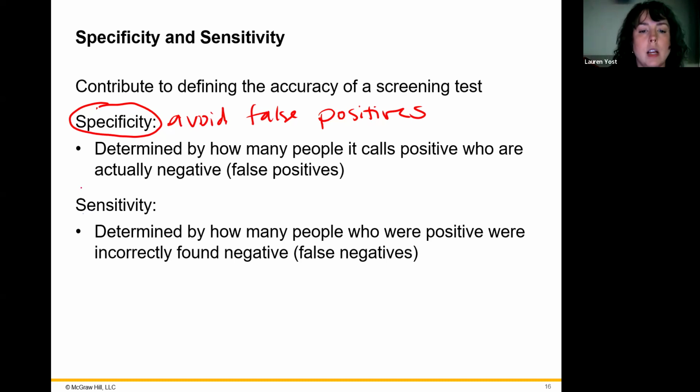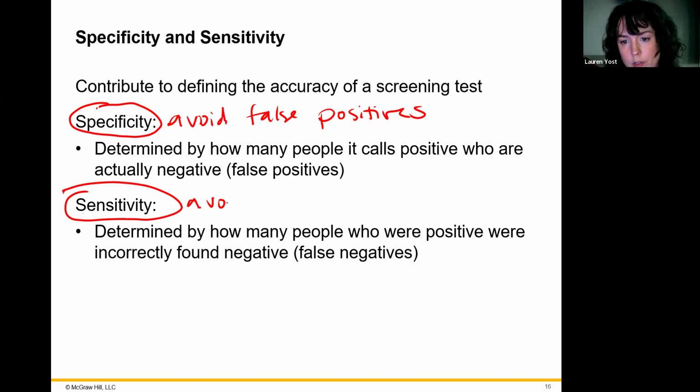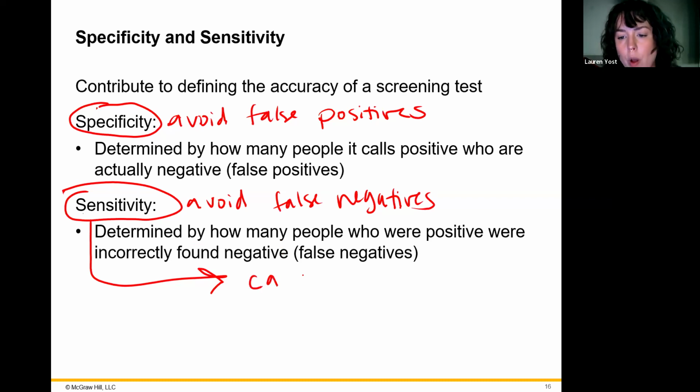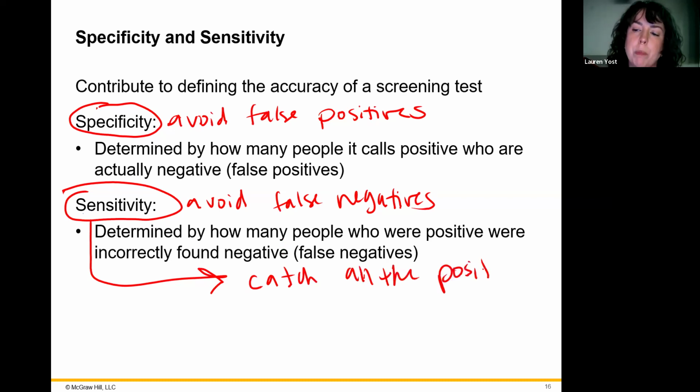Sensitivity is determined by how many people were positive, but we incorrectly called them negative. Those are false negatives. So here we're trying to avoid false negatives. The way I like to look at it is that it's so sensitive, we're going to catch every single positive, even if they are just barely positive.